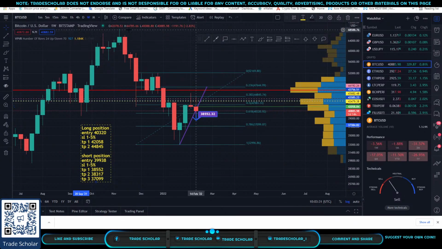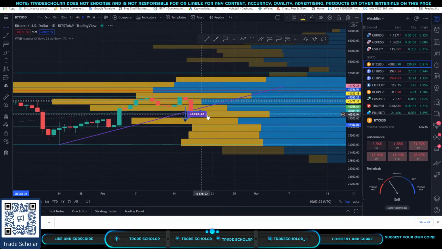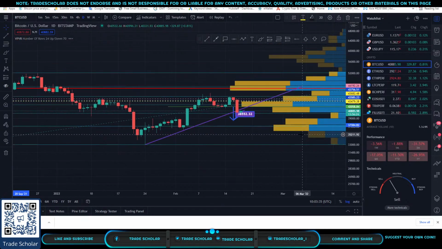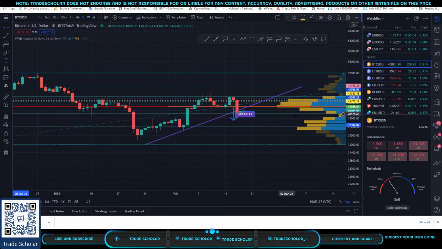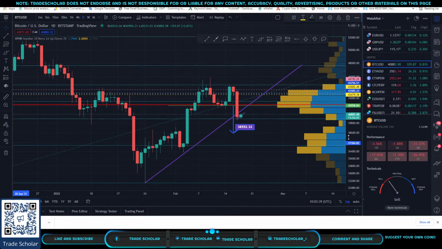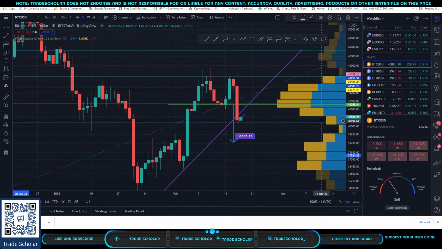So let's check the daily time frame. In the daily time frame, we are actually holding on in this area and we are trying to break this volume here, 39,000 up to 41,700.